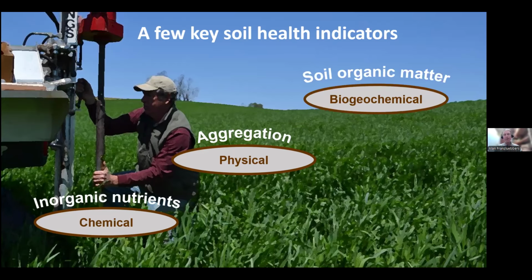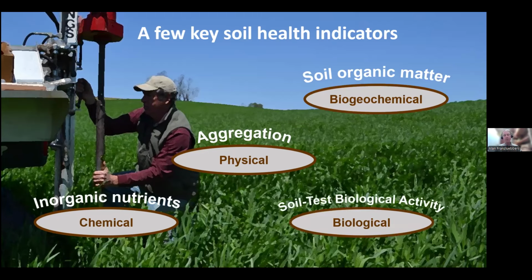We do know that soil organic matter is this key biogeochemical feature that is under all soil health analyses, that soil organic carbon or nitrogen are important key elements that drive many of the ecosystem processes. So that's an important part. And then the biological component, of course, we could get into the actual microbial community structure or the biomass of the microbes, but we can also determine this from a simple test of soil test biological activity.